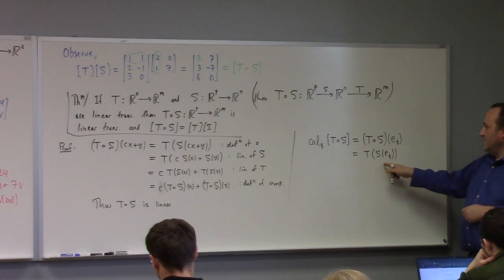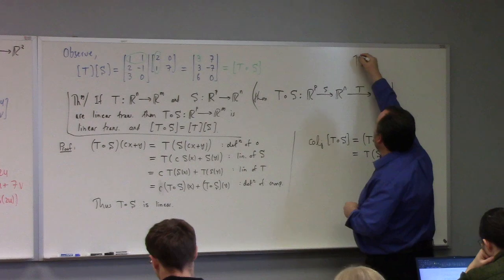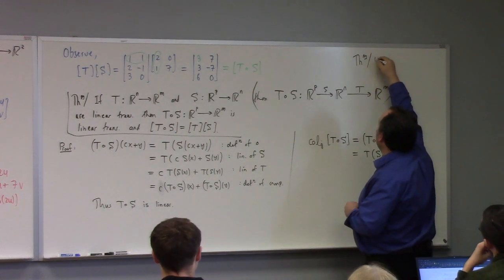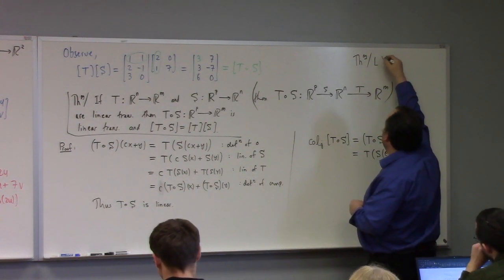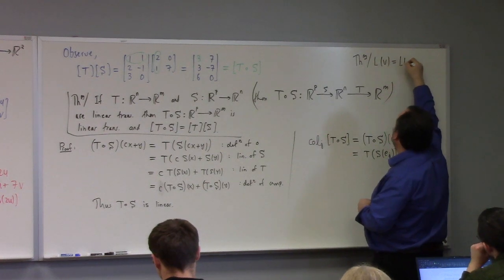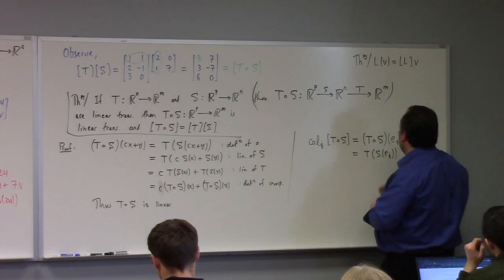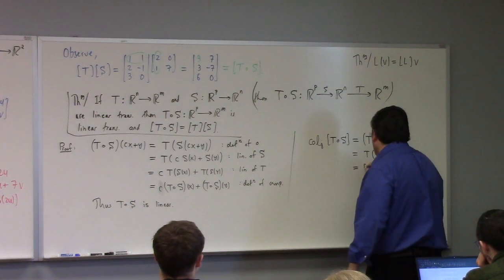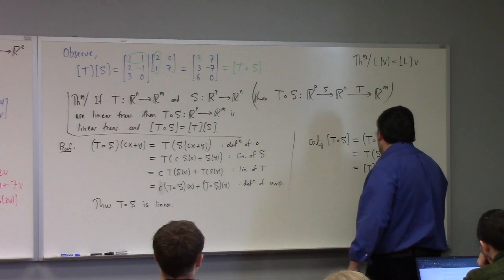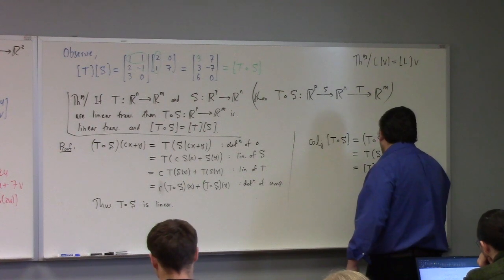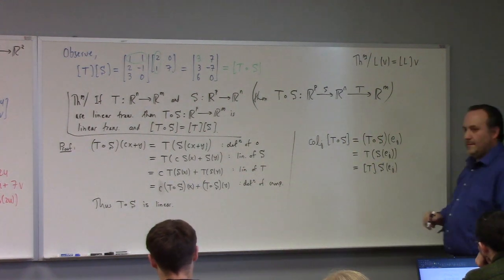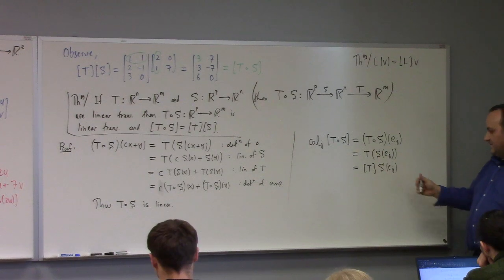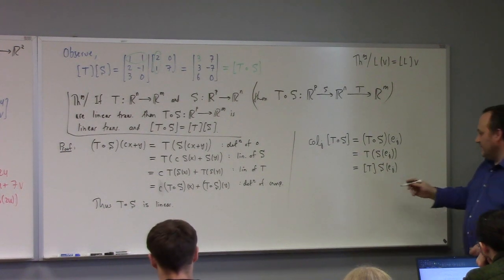So remember the theorem we had from the other day that's just always there? If you have a linear transformation and you're acting on a vector v, you can write that as the standard matrix of L times v. Still true here. This is equal to the standard matrix of T acting on the vector S of e_j, right?